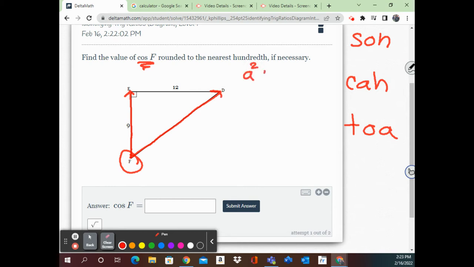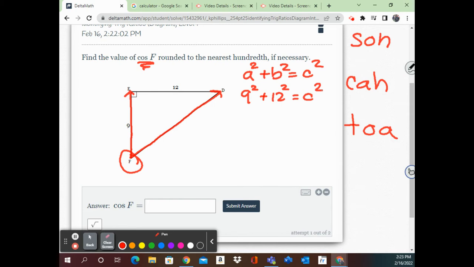Pythagorean theorem says a squared plus b squared is equal to c squared. Well, in this instance, I know a and b, so that means 9 squared plus 12 squared is equal to c squared.